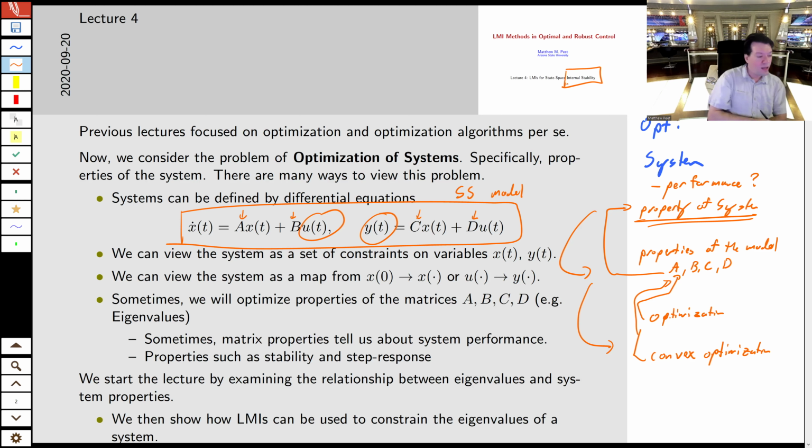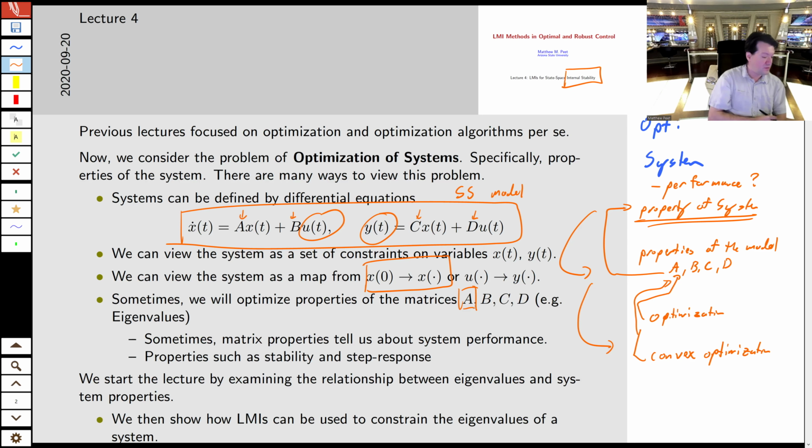And we're going to be able to interpret that internal stability as a property of the map from initial conditions to state, and translate that to properties of numbers, particularly the number A, not focusing on these other numbers, and then show how we can formulate the optimization of that number, the eigenvalues of A, using an LMI, or convex optimization technique.